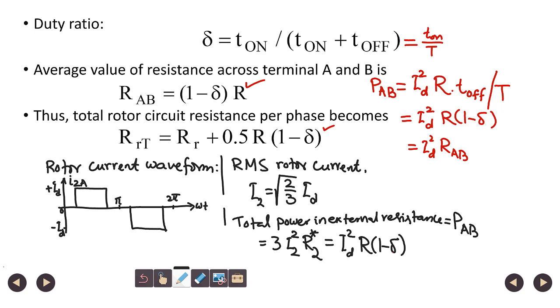Now in this last expression, substituting I 2 equal to root over of 2 by 3 into I d, you can write R 2 star, the effective external resistance, is 0.5 R into 1 minus delta.